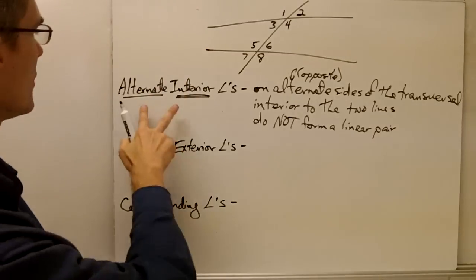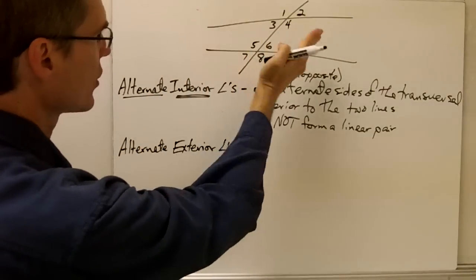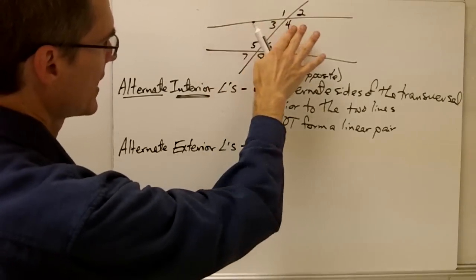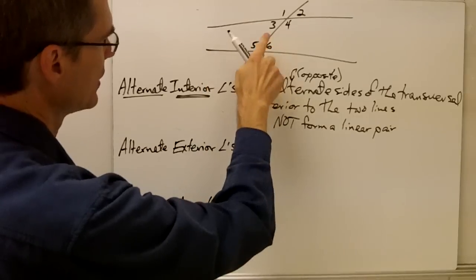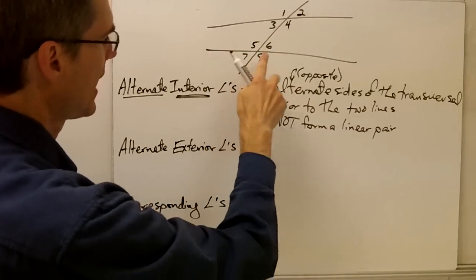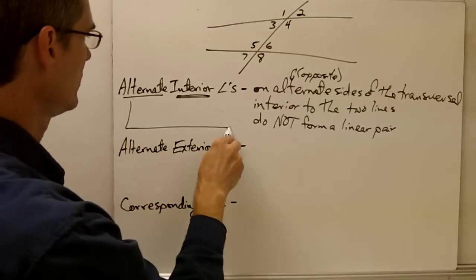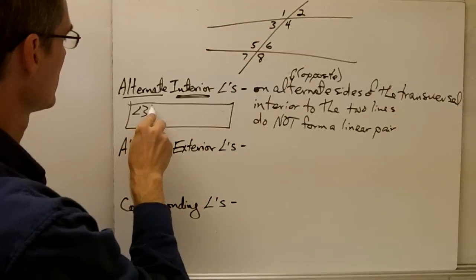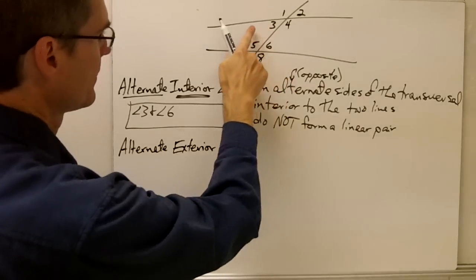Okay, so let's see. Alternate interior angles. So I need angles that are on alternate or opposite sides of the transversal. So I need one angle on this side and one angle on this side. Interior to the two lines. So inside the two lines, that's these angles right here. And that do not form a linear pair. So that's going to be, for example, angles 3 and 6 would be alternate interior angles.